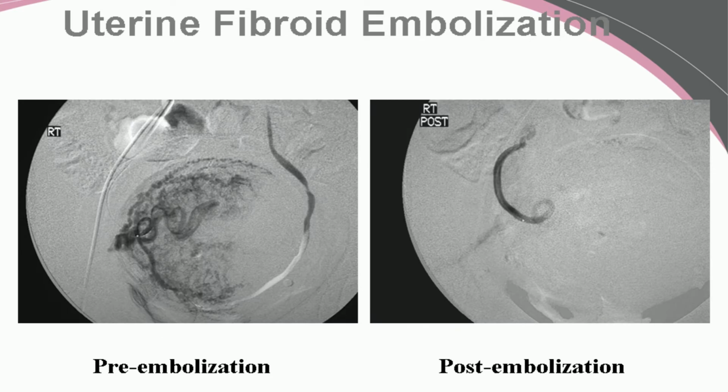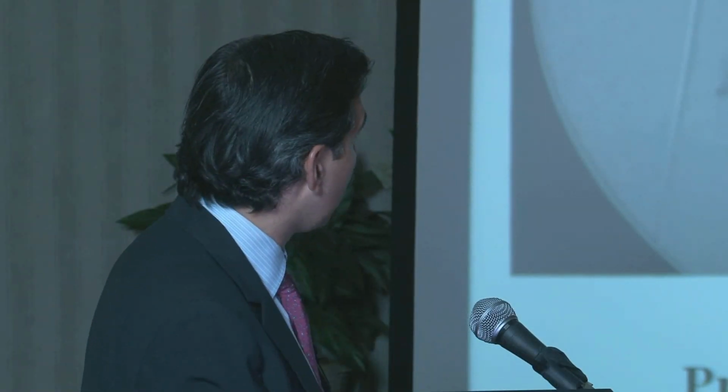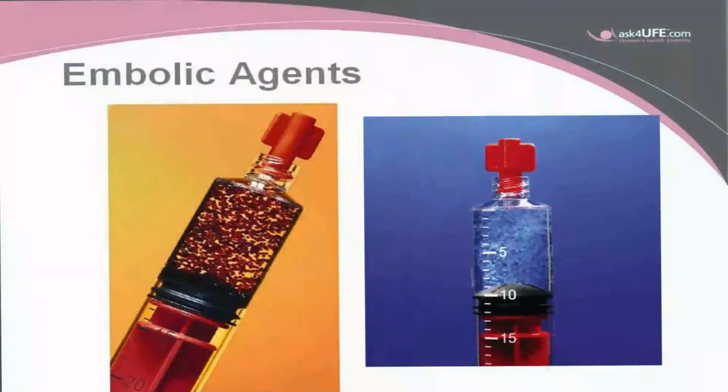This is a better picture showing a large fibroid; you only see the vascular flow, you don't see the actual fibroids in the angiogram. And then after the procedure, there's no blood supply to this fibroid. These are what the embospheres look like. They come in a syringe, and they're little suspended particles.